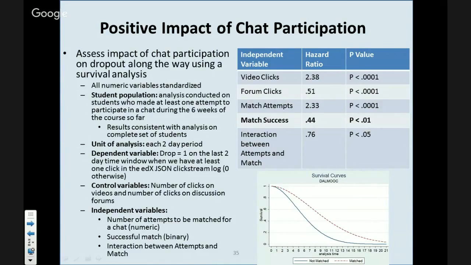So what we see here is we really have to deal with this coordination problem. We tried in a simple way to be able to get students into these chats. We have some evidence that having gotten them into the chats, it was positive for them. They engaged in the behavior that we wanted to see, and we see that associated with a lower dropout at those time points. And yet we have this problem to solve.